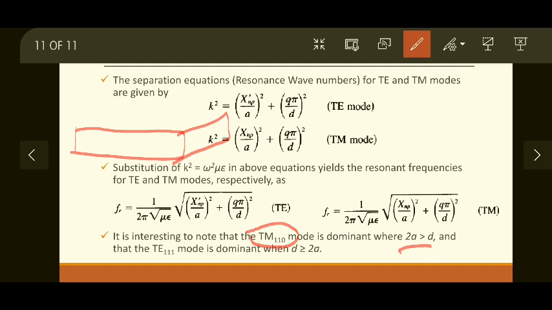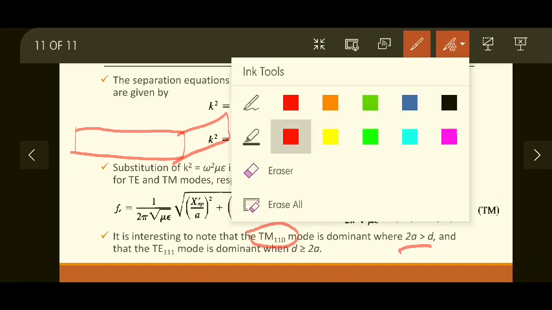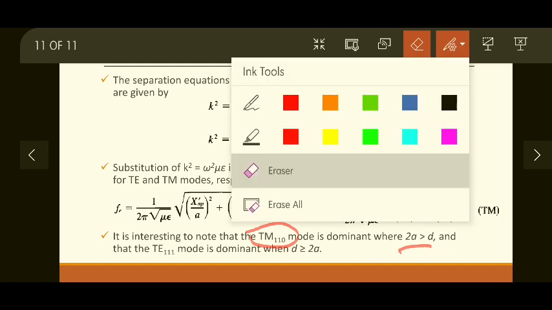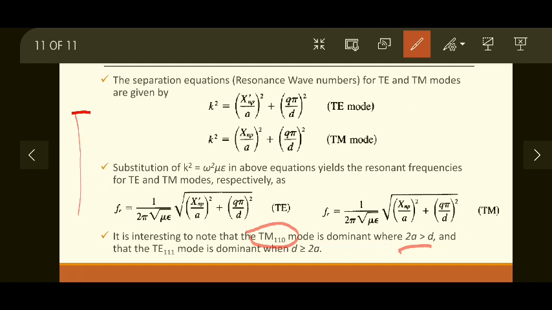But if D is greater than 2A or equal to 2A, that means, sorry, that was for a rectangular waveguide. I am talking about a circular waveguide, so it should have been circular. So if D is greater than 2A, that means the height of the circular waveguide is too large compared to the radial distance, then the dominant mode is the TE111 mode.